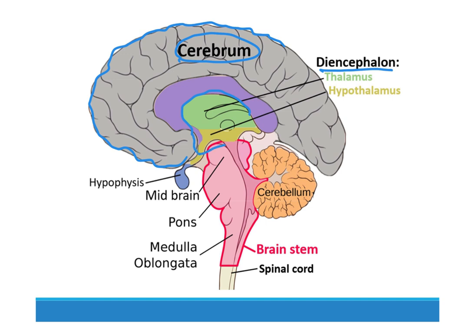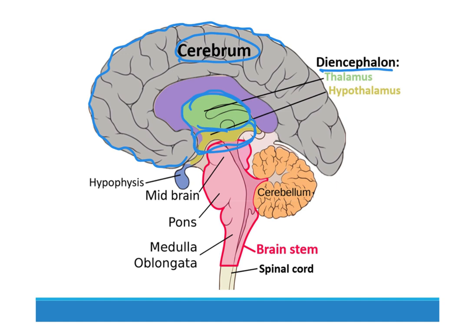The diencephalon is the second major part of the brain, and it's sort of in here in the middle. It's made up of two main parts, the thalamus here on top and the hypothalamus underneath. The thalamus is very important in determining the pathways for sensory information. It basically sends the nerve impulses coming from the senses this way and that way in the brain so they get to the appropriate place in the cerebrum for analysis.